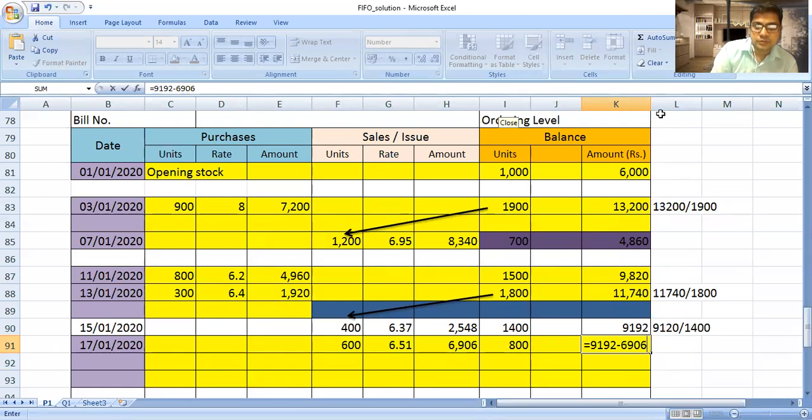Okay, 3906. 600 into 6.51, it is, yes, 3906. It is 3906 total.